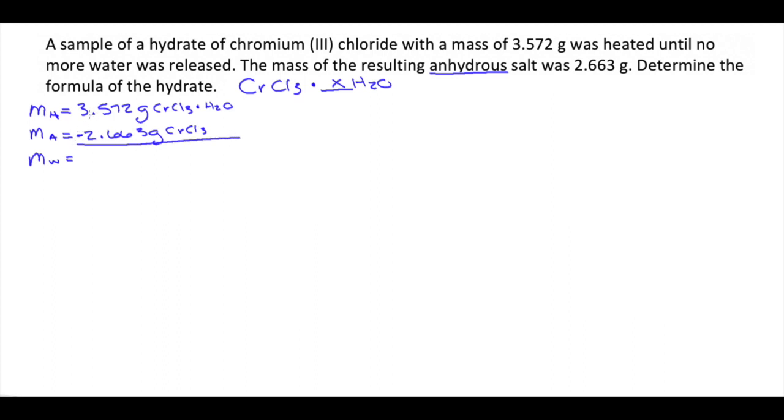I'm subtracting these two numbers from each other, and I end up with 0.909 grams of H2O. This number right here, the mass of the anhydrate, and the mass of the water, are the two most important numbers that I need in order to perform these calculations. And that's not a negative sign, that's just there. Two most important numbers.